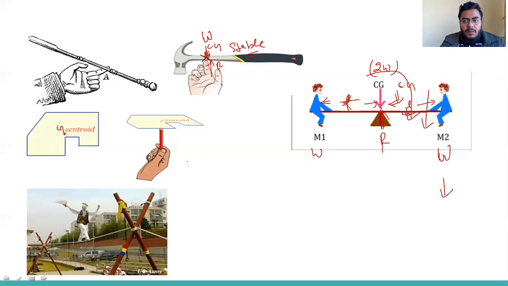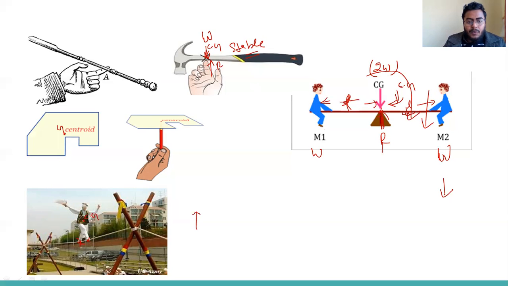You have seen in this figure a person trying to stand on a rope. How is he doing it? At this point, he is getting support from the rope, so he gets a reaction at this point. And the center of gravity of his body is somewhere here.